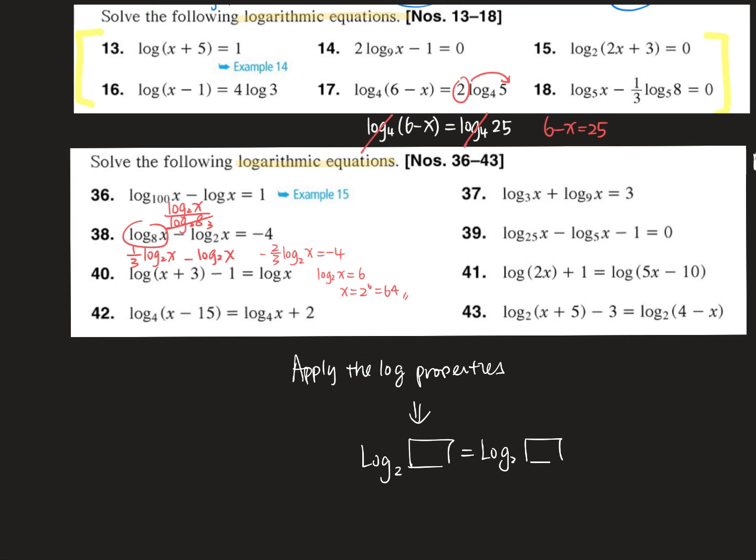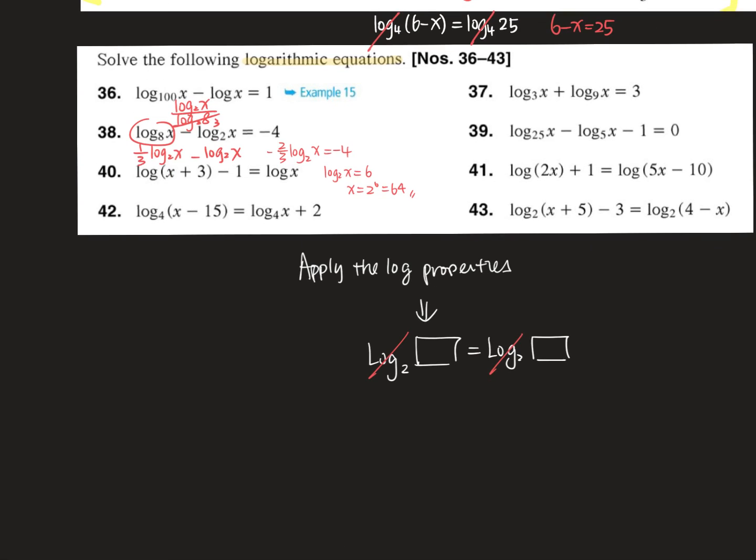And then from there, you can cross out the log and just equate these two boxes. It doesn't have to be log 2, it could be just log a whatever. As long as they're of the same base, then you can cross out the log and then equate what follows. And that's how you are going to get rid of the log and solve for x.